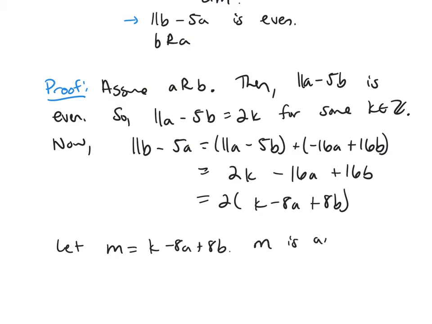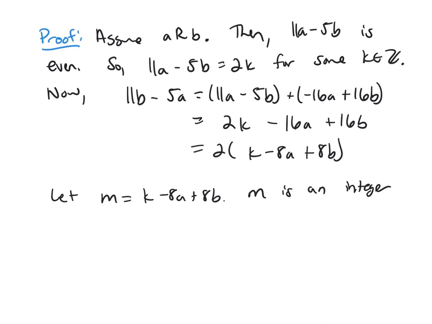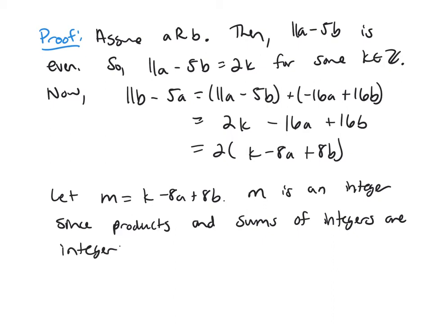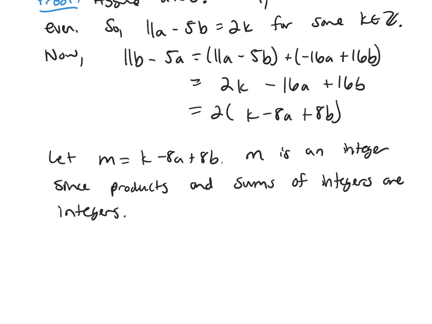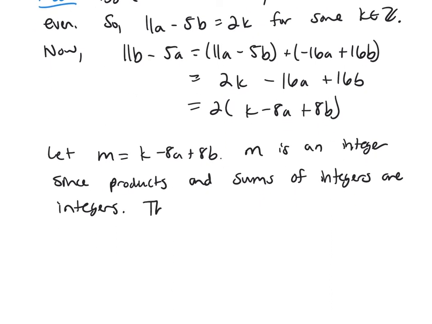M is an integer, since products and sums of integers are integers. Therefore, 11B minus 5A equals 2 times M, where M is an integer.